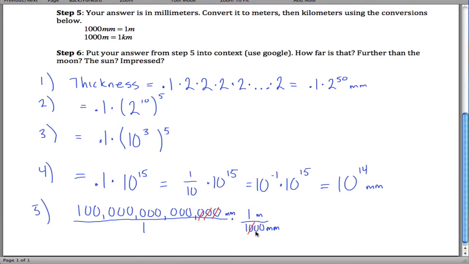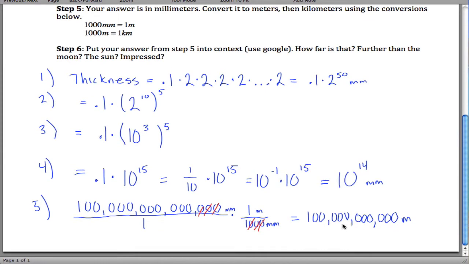Cancel out these 3 zeros with these 3 zeros, and what you get is 10 to the 11th, or 1 followed by 11 zeros, meters. So my stack of paper is this many meters tall. You do those steps one more time, converting to kilometers, and what you'll end up seeing is that it's 3 fewer zeros. So my stack of paper is 100 million kilometers thick.